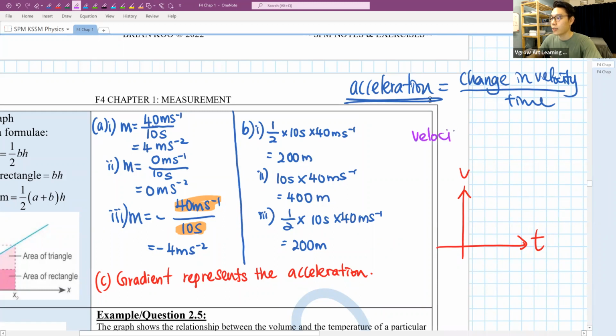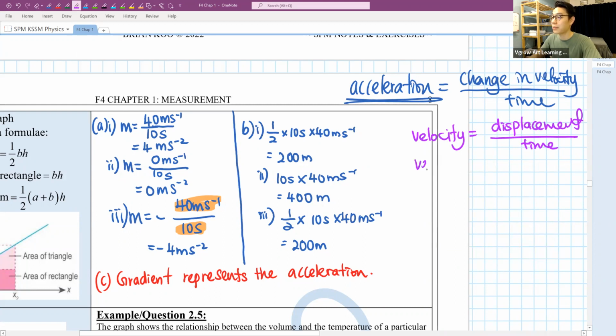The formulas for all this you will learn in chapter 2, but I'll just write down here first. The velocity is displacement divided by time. So whenever you're dealing with velocity and you multiply by the time, you will get the displacement, not distance.